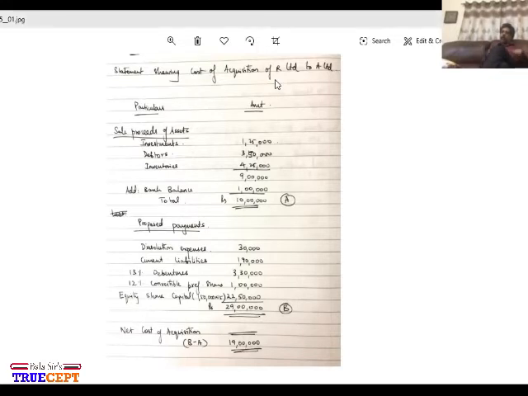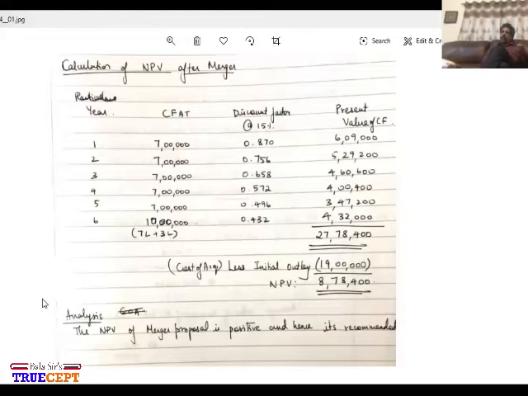It's 4 columns. We have the year, we have the CFAT, you have the discount factor at 15%, and you have the present value. Now, people might wonder what exactly is this 15% cost of funding. You should all know one thing.